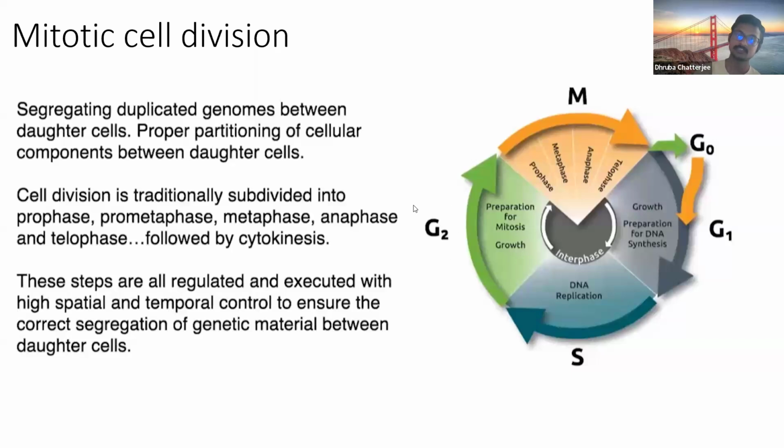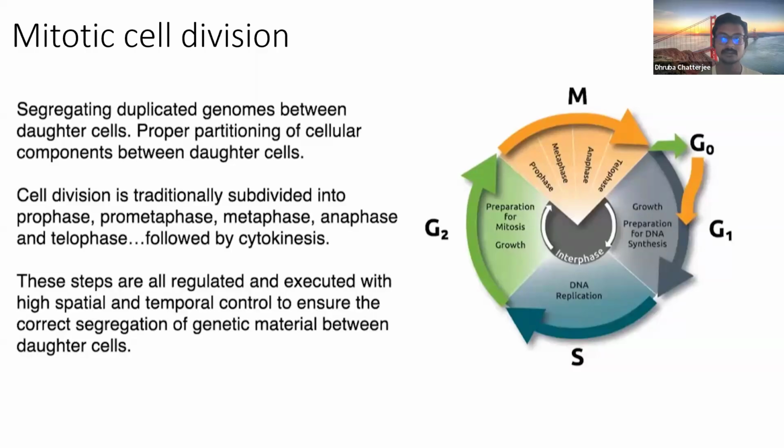And then the G2 phase is kind of that phase where you check your readiness to undergo a mitotic cell division, where you check whether the DNA has been replicated properly, whether all the stocks of all the components and machineries that will be necessary for the mitotic cell division are in place or not.